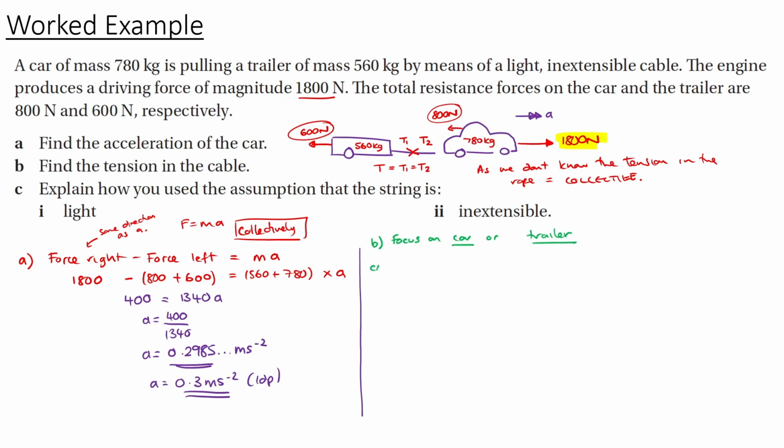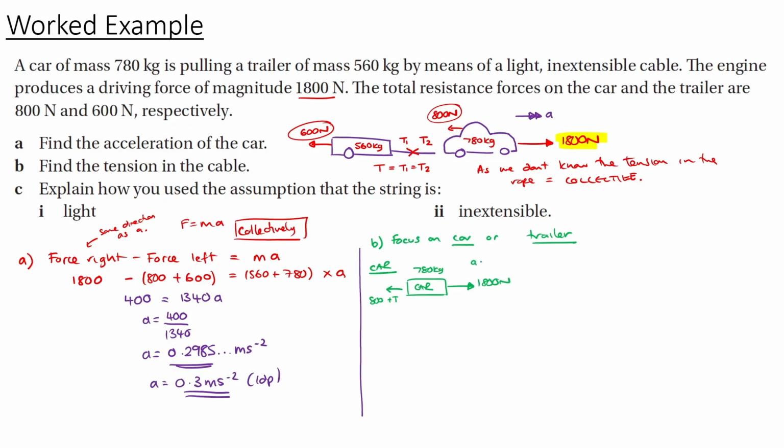So if I take the car, let me again just draw this diagram out. So I've got the car. Then what we know is we've got the force going in this direction, which is 1800 newtons, and going in this direction, I've got 800 plus T. And I've got the mass of the car, which is 780 kilograms.